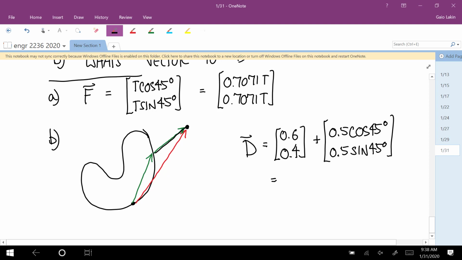And so the coordinates of D are 0.9535, 0.7535.